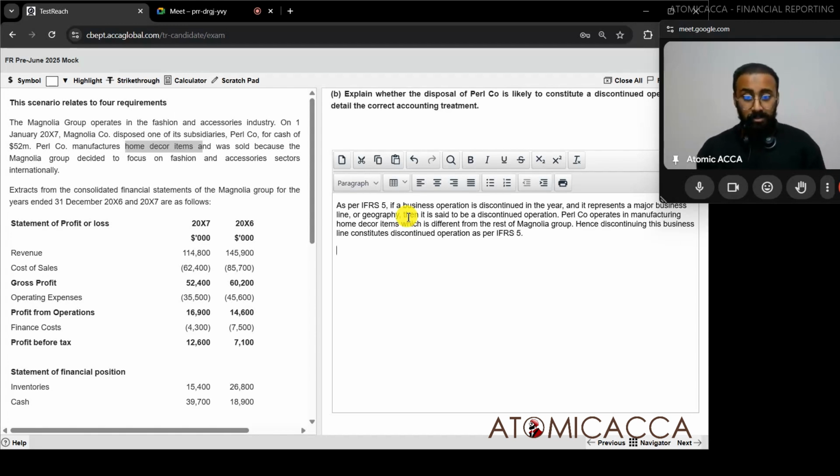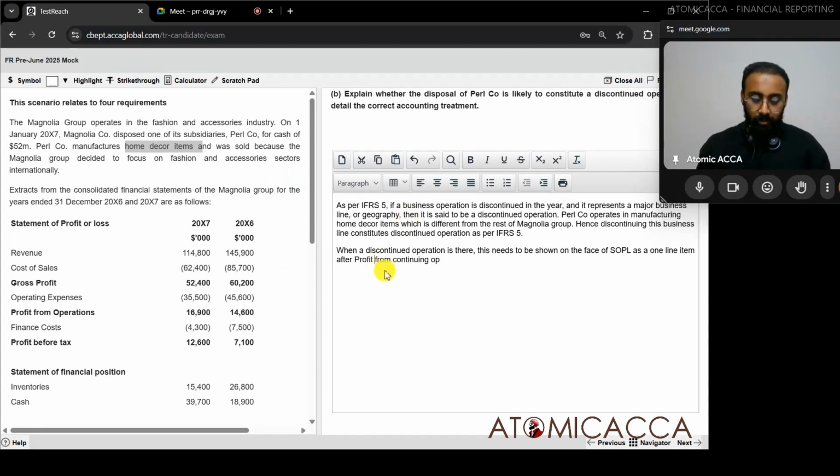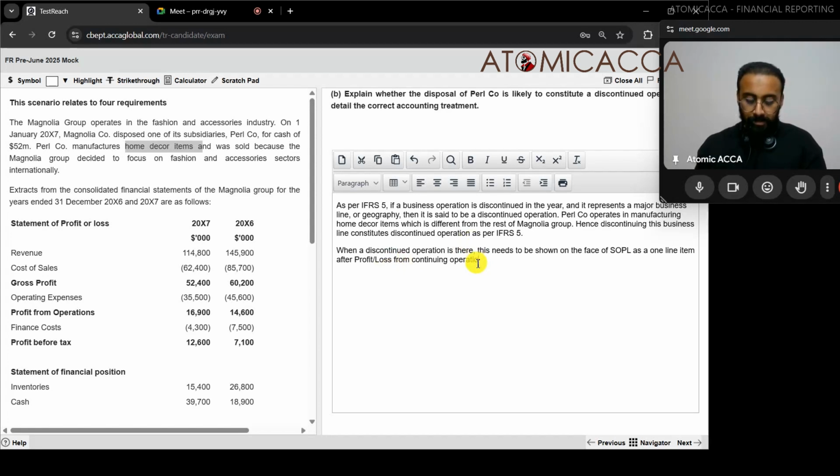The second thing they asked is, what is the correct accounting treatment when a discontinued operation is there? This needs to be shown on the face of the SOPL as a one line item after profit or loss from continuing operation, with the title profit or loss from discontinued operation.